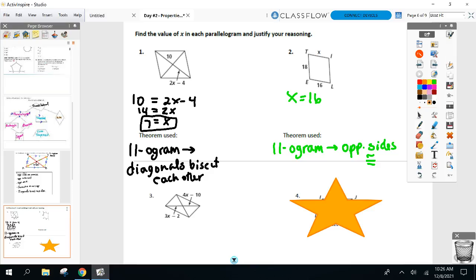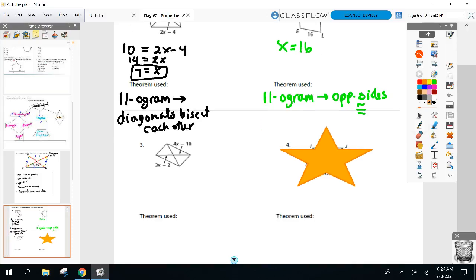And finally, 3. What are we doing with 4x minus 10 and 3x minus 2? Set them equal, right? The side problems aren't hard at all. It's when we get to the angles in a second, when we need to find angles, that it's going to get a little tougher for us.